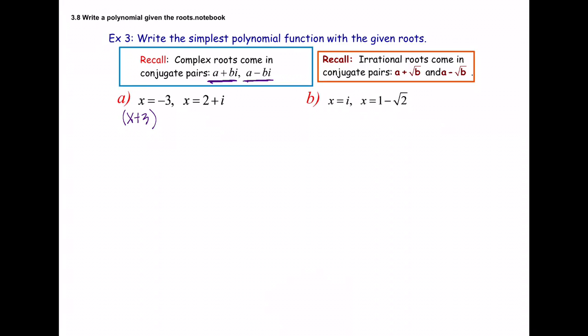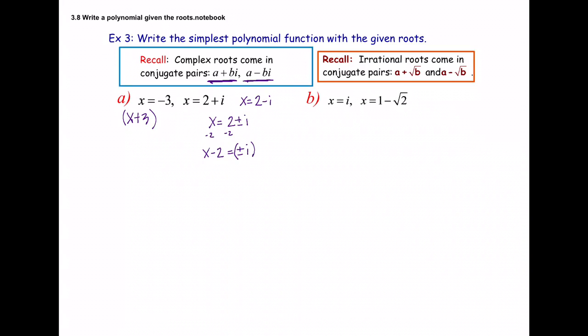And we have x equals 2 plus i. So we need our conjugate pair, so we also have to have x equals 2 minus i. So if we write that together, x equals 2 plus or minus i, we would subtract our 2, so we have x minus 2 equals plus or minus i.